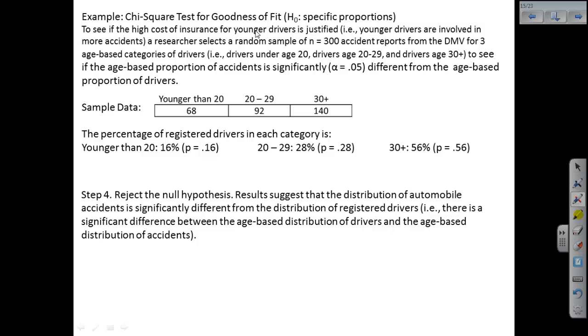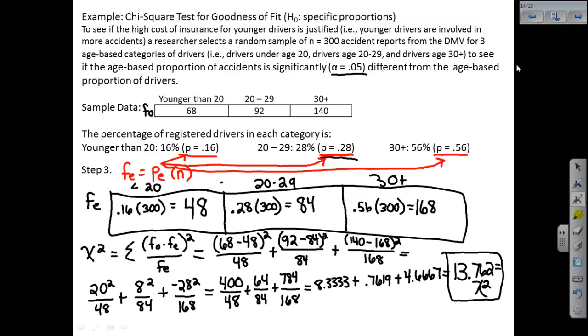So to make sense of this analysis, we can look at the differences between the frequency observed and the frequency expected for each group. That is, the difference between the observed frequencies and the frequencies we would expect under the null hypothesis if we had these proportions of our sample in each group. Let's look at the frequency observed for accidents for drivers younger than 20: 68.